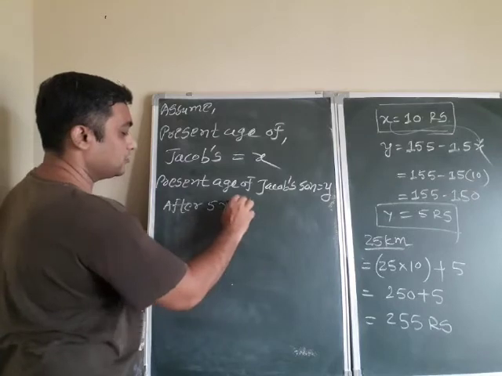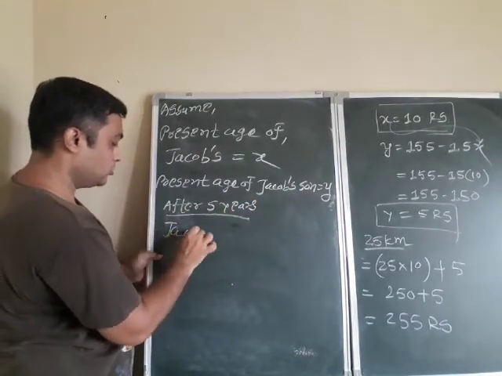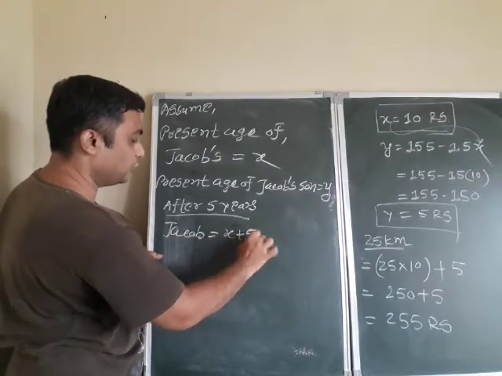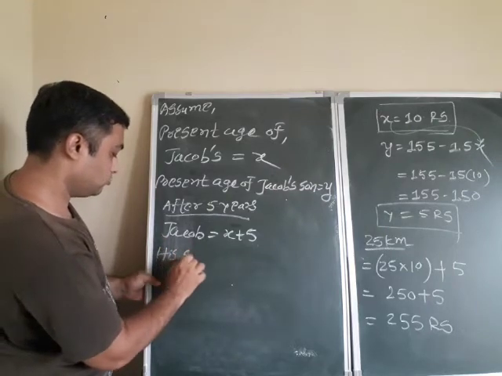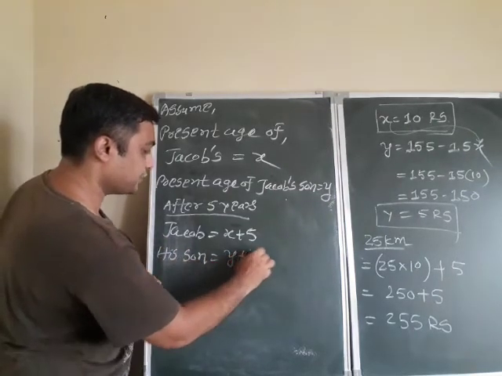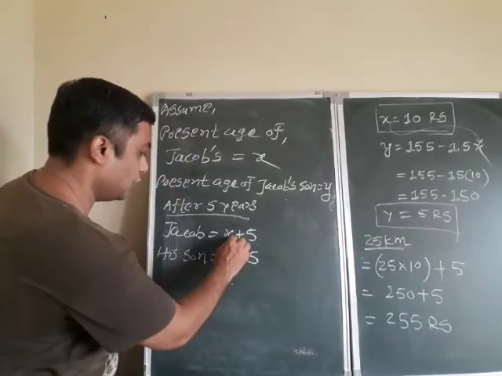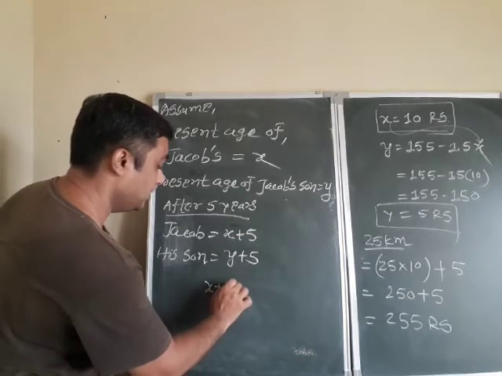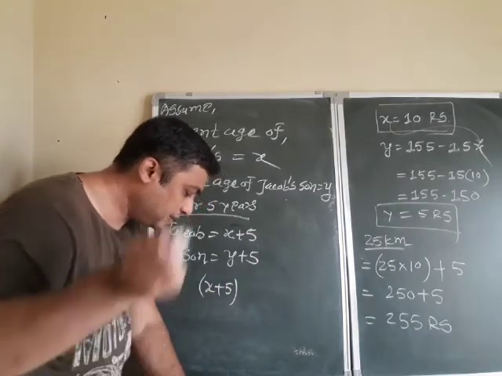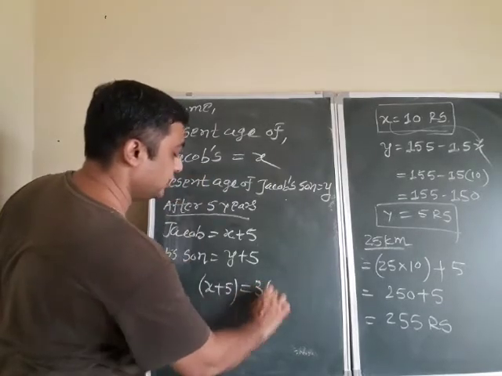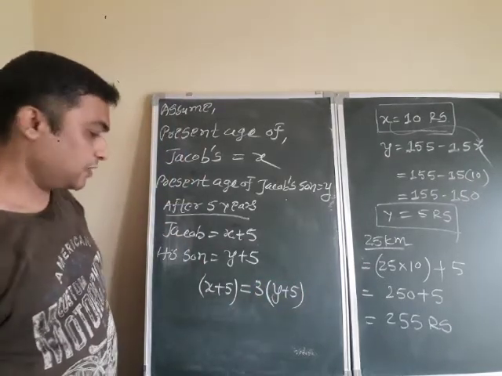After 5 years Jacob will be x plus 5 and his son is y plus 5. The age of Jacob will be 3 times that of his son, so 3 times y plus 5. Equation number 1 is ready.